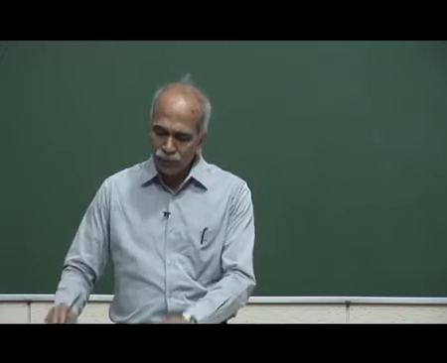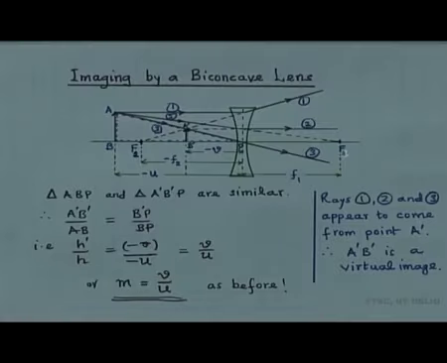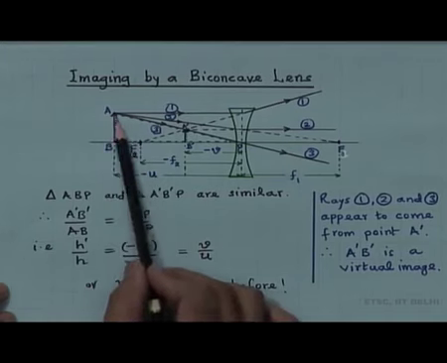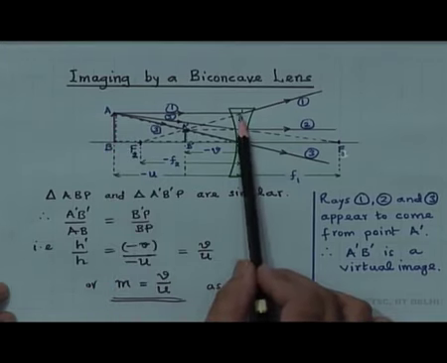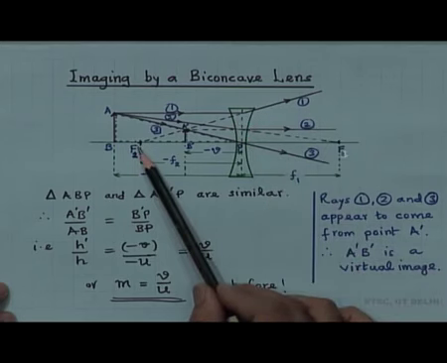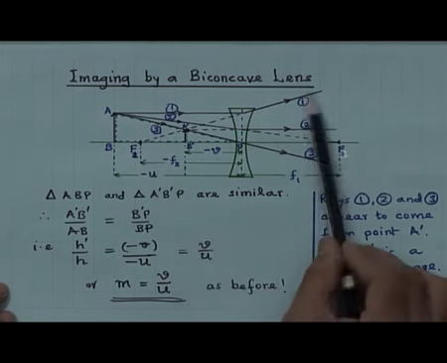Now, very quickly, let us see the formation of image for the case of a biconcave lens. I do not have to discuss it, but you can see very clearly that here is the object AB. A parallel ray incident here will be diverging, it is a diverging lens, and appears to come from the first principal focus F2.